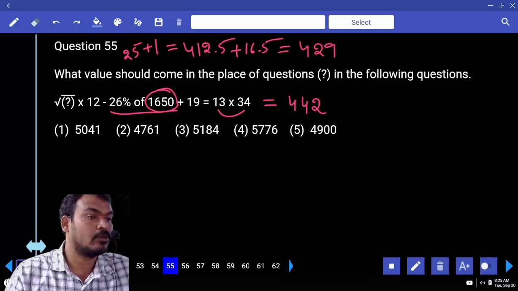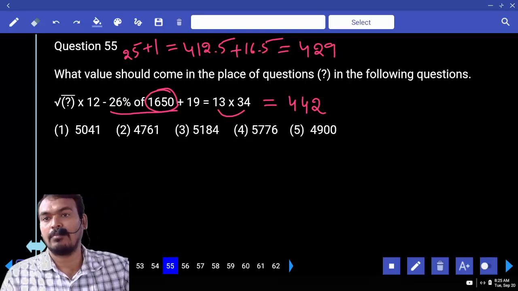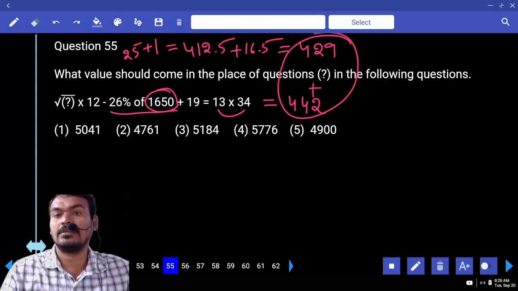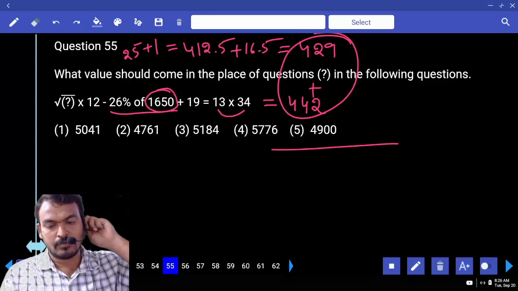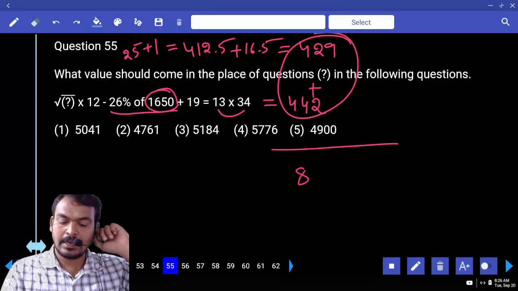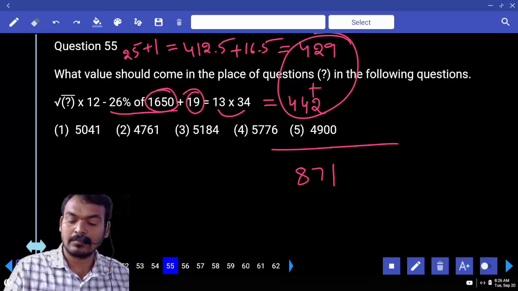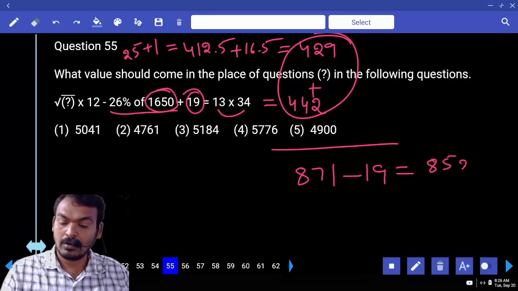429. Left hand side it is minus 429. It will become right hand side plus 429. Means these two are adding or subtracting? Adding. 429 plus 442, it is 871. In this one how much value are we subtracting? 19. What is the remaining? 852.